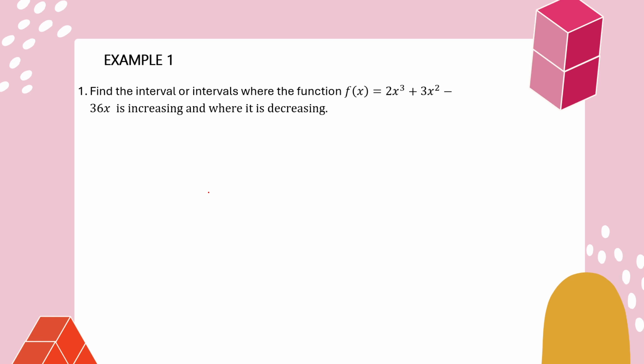The first step is to find the first derivative. The first derivative is equal to 6x squared plus 6x minus 36.